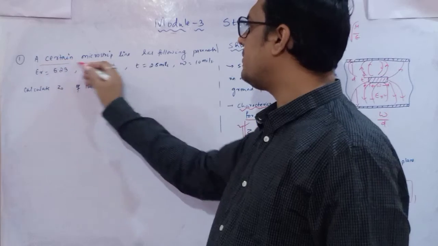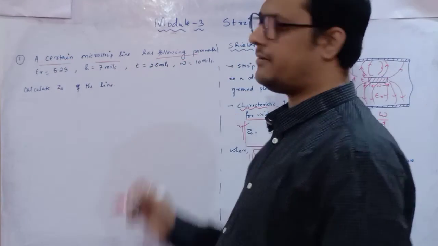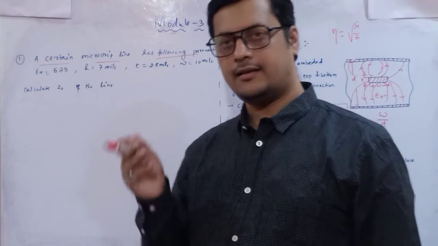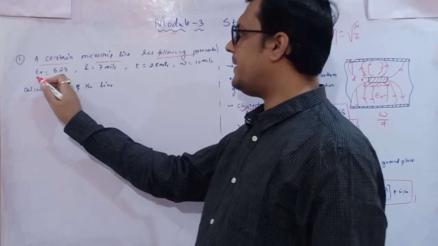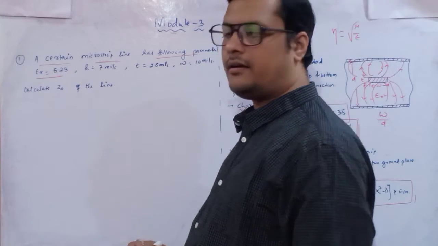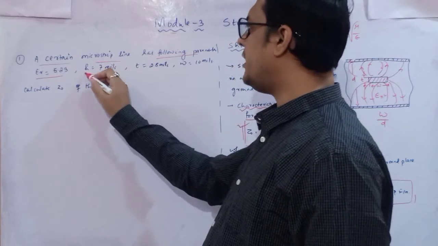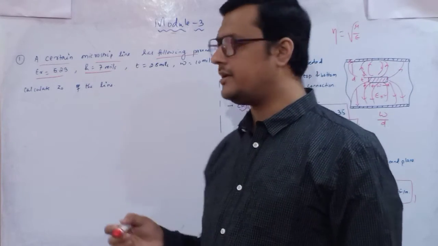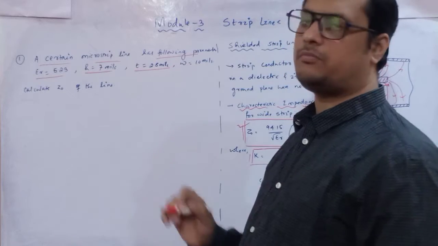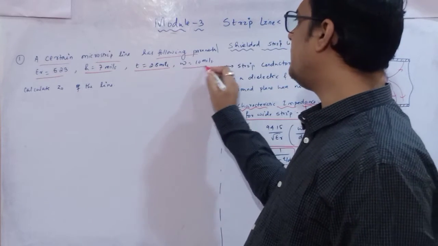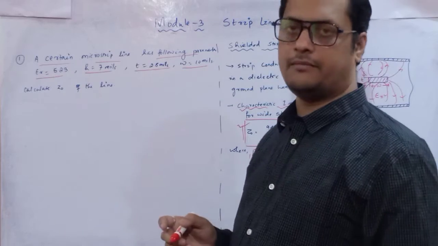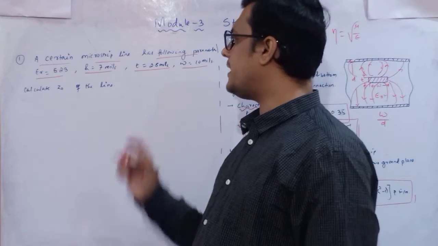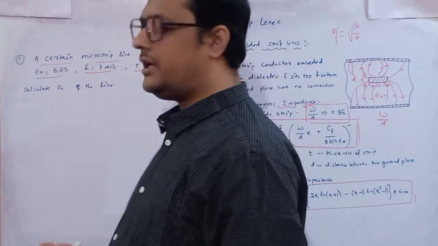A certain microstrip line has the following parameters, and all parameters are given. Epsilon r is 5.23, h is equal to 7 millimeter, t is equal to 2.8 millimeter, and w, which is the width of the strip, is 10 millimeter. Calculate Z0 of the line.